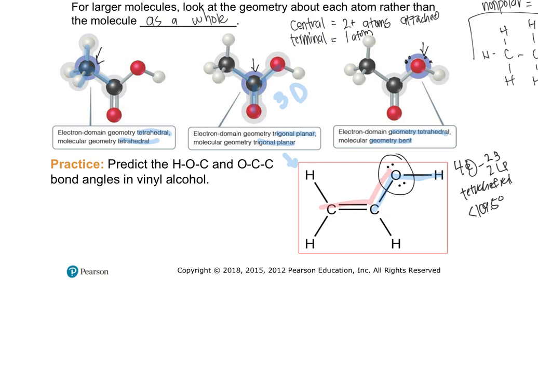All right, and then in this next case here, carbon is our central atom, bridging the oxygen and the other carbon. So we're going to count those domains. We have 1, 2, 3 on this carbon central atom. So 3 domains. They are all bonds, 3 bonds, no lone pairs. And so this is trigonal planar.